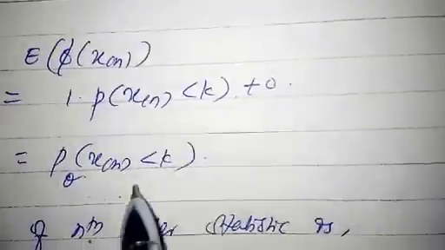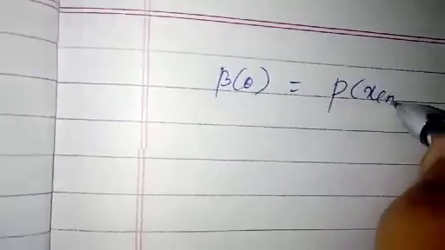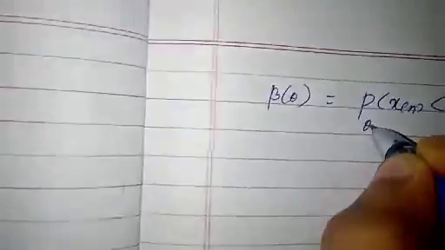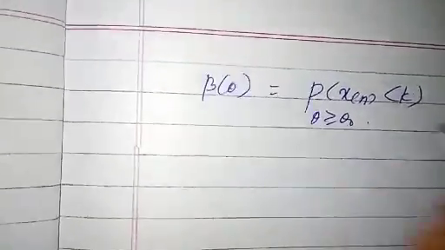Then what is beta of theta? Beta of theta equal to probability of xn less than k, right? Probability of xn less than k under theta is greater than or equal to theta naught, right?